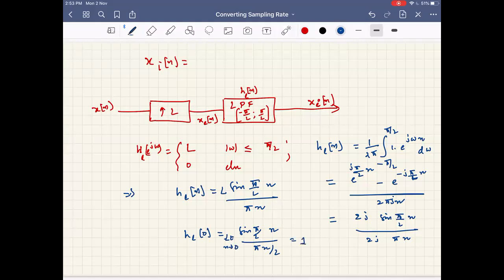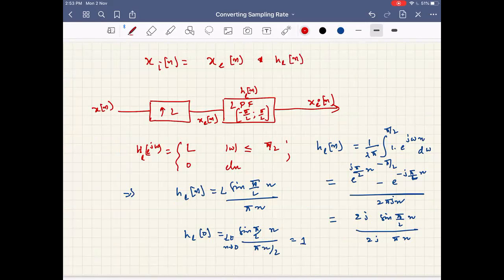This is what we ideally desire, because if we now try to find xi of n, how do I write it in terms of xe of n and the low pass filter? So we write xi of n equal to the convolution, since this is multiplication in the frequency domain, right? So in the time domain, it is xe of n convolved with hL of n, right?